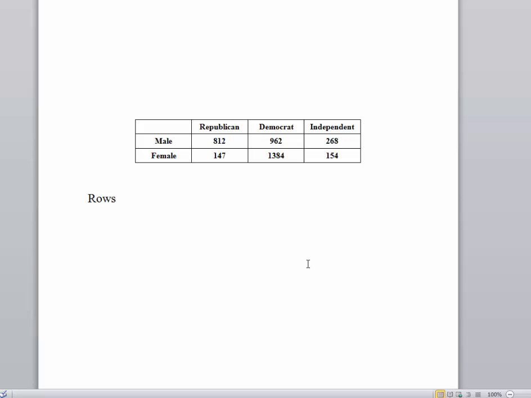So rows equals 2, columns equals 3, degrees of freedom is r-1 times c-1, which is 1 times 2, for 2 degrees of freedom.